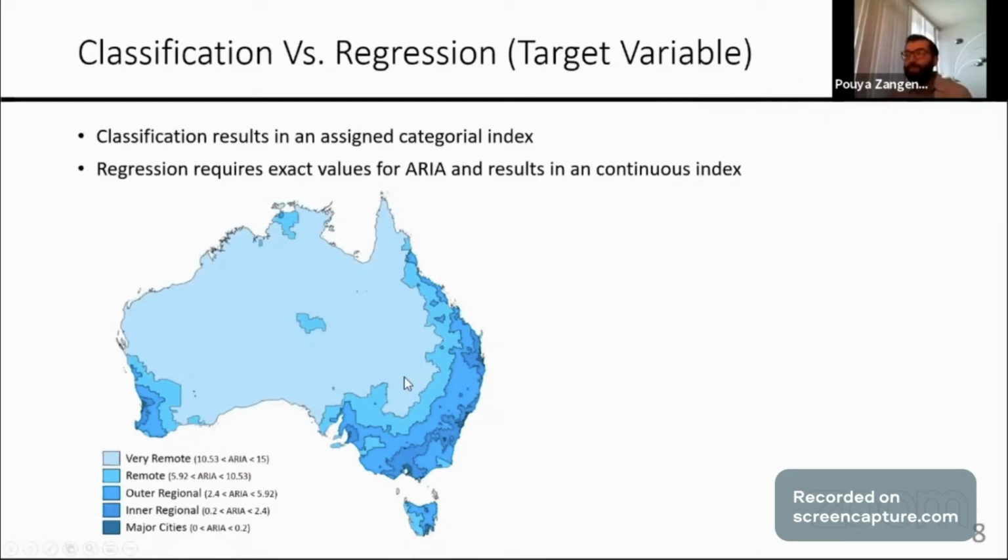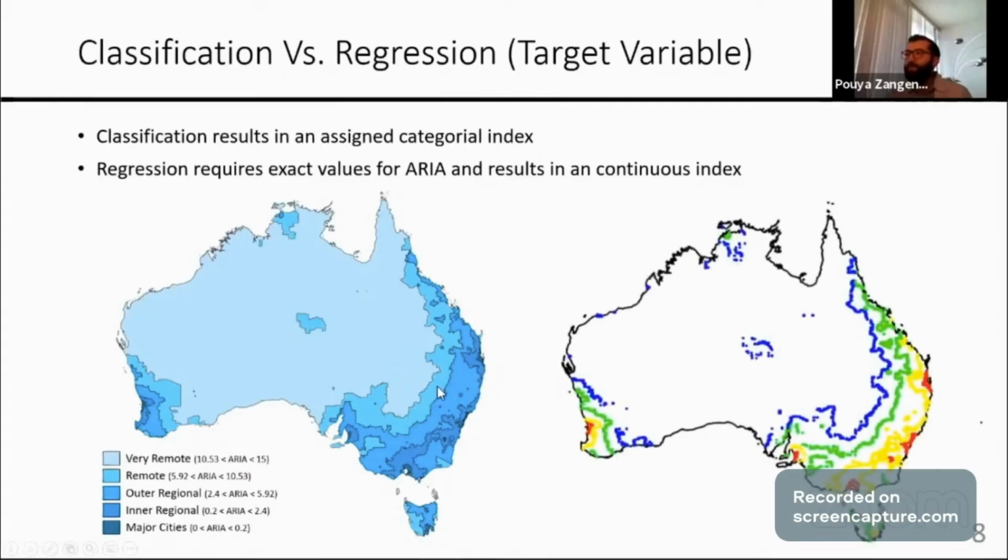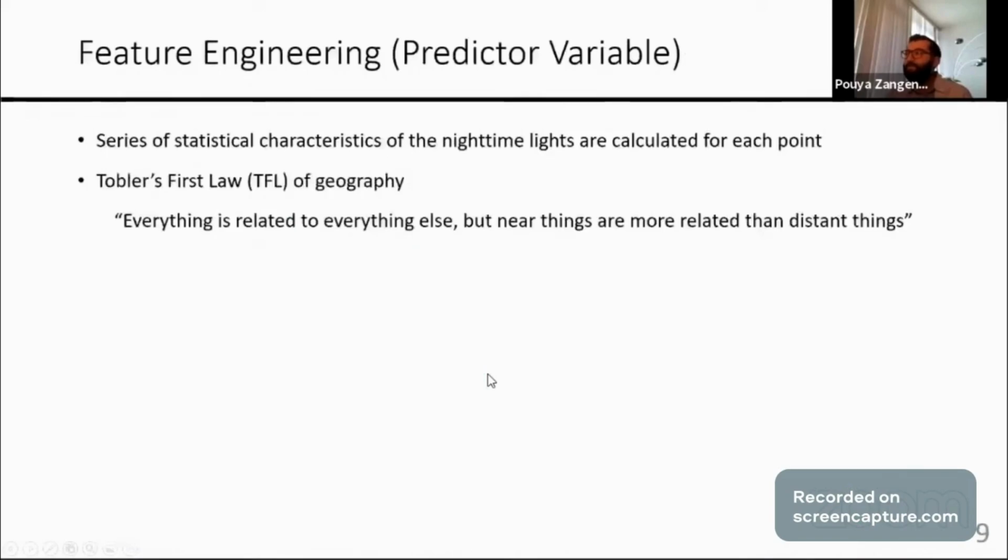We did try that, but we also tried another way: perhaps we can find the points on the borders of these categories, and that would allow us to solve the problem as a regression problem and get a continuous gradient of remoteness. That is what we did eventually, and we ended up having better, more useful results.